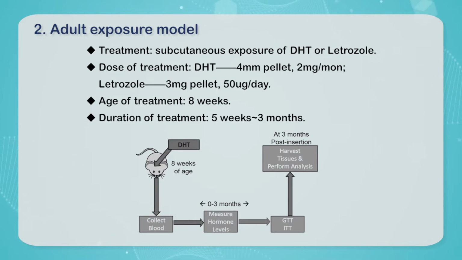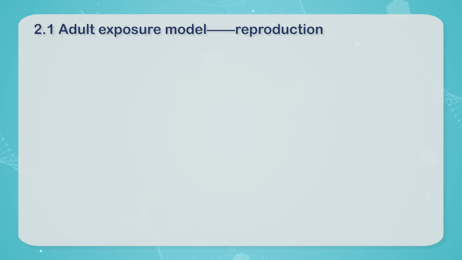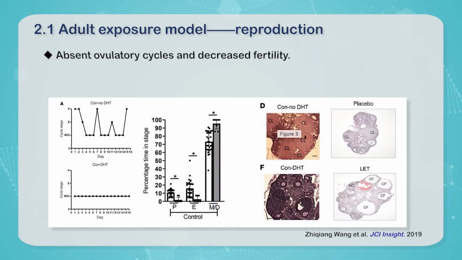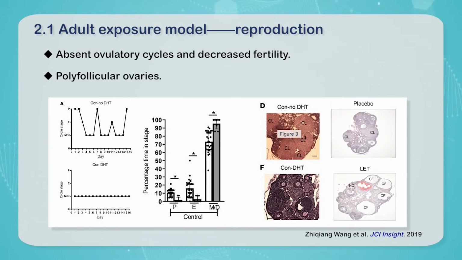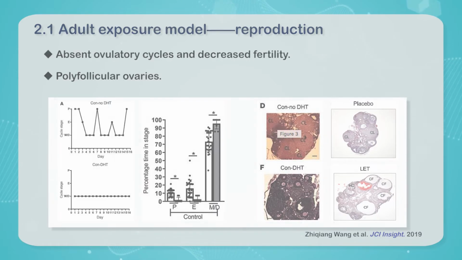The second animal model is induced by continuous low-dose dihydrotestosterone or letrozole exposure, started at adulthood. This treatment results in similar reproductive phenotypes as the peripubertal exposed model, such as absent ovulatory cycles, decreased fertility, and polyfollicular ovaries.